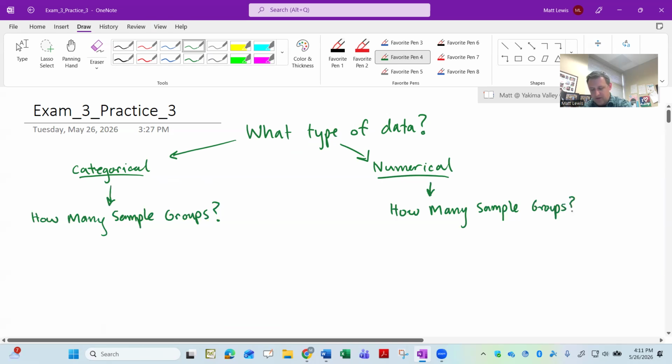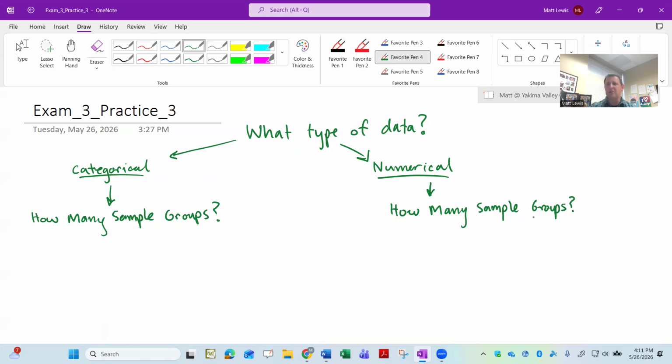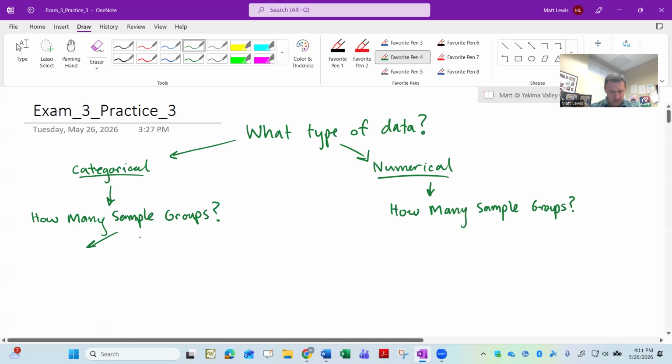Often, when we do a hypothesis test, we are simply given one sample group, right? Information about one sample has been collected. But we've also had ones where we're comparing two groups to one another. So let's stick to this side with our categorical data, and let's talk about what happens when we have one sample group versus when we have two sample groups.